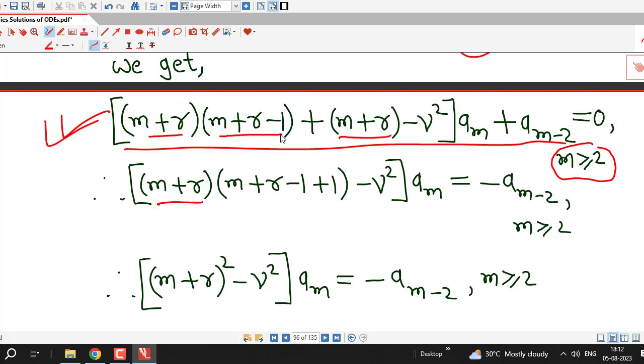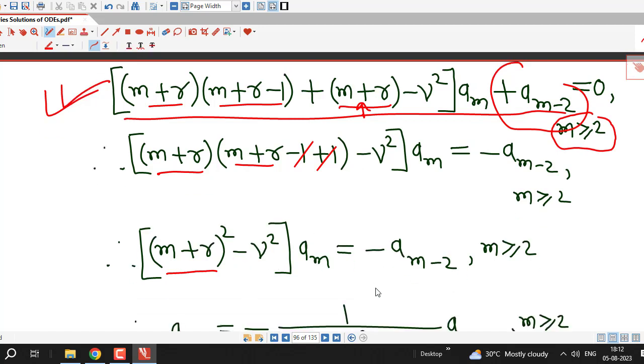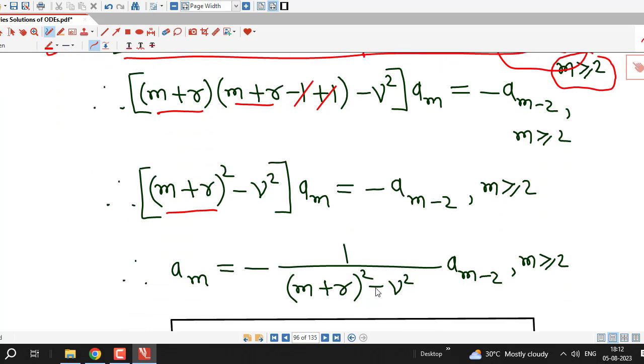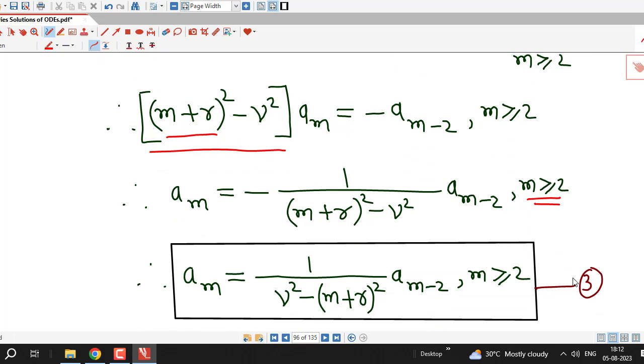So here I have m plus r minus 1 plus 1, and minus nu square am. This I have transferred to the right hand side, and now this is m plus r. This will get cancelled, and we have m plus r into m plus r, that is the square of m plus r, minus nu square, am equal to minus am minus 2, m greater than or equal to 2. Therefore am equal to minus 1 divided by this quantity, am minus 2, m greater than or equal to 2.